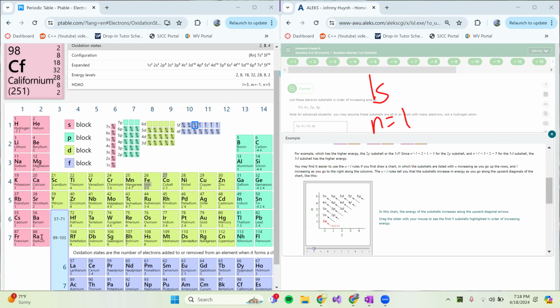Actually, I think what to memorize is that there is a single 1s block there, and then there's a 2s here, a 2p here, a 3s, 3p, 4s, then the d block. You just want to memorize the sections of the d block and the p block and whatnot.